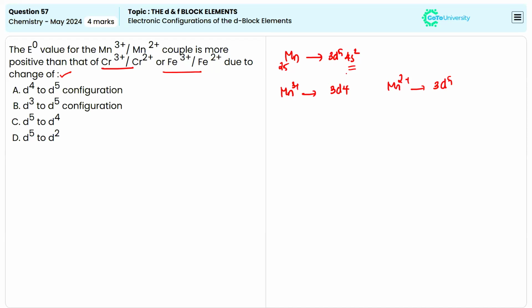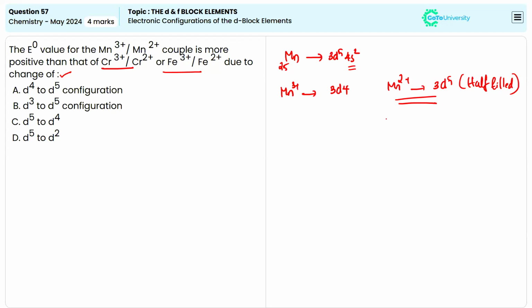So here the E0 value is more positive because the Mn2+ ion has a half-filled structure, since 3d5 means a half-filled electronic configuration. Due to this half-filled structure, there is a substantially larger third ionization energy.